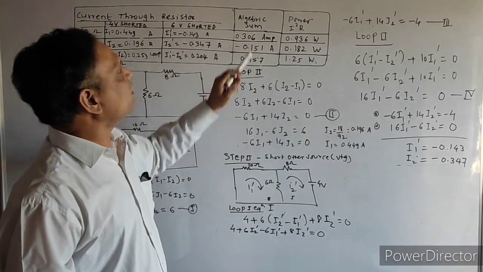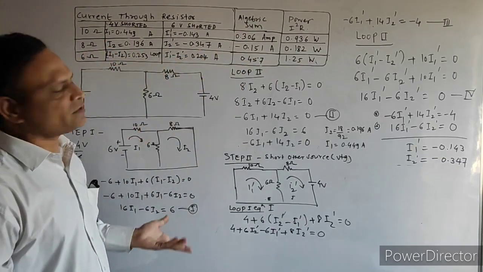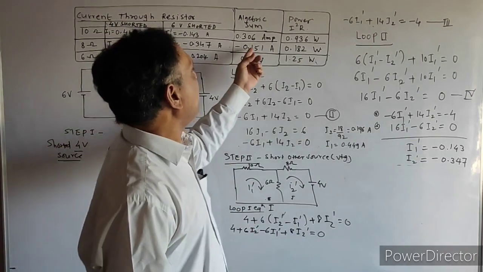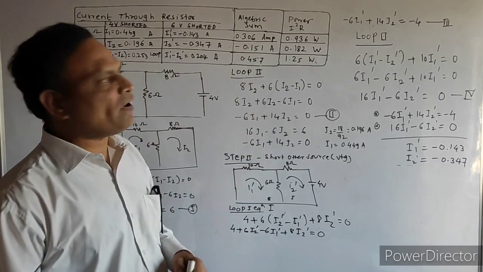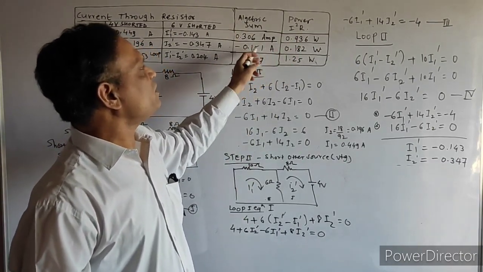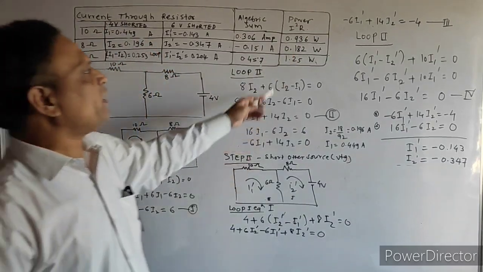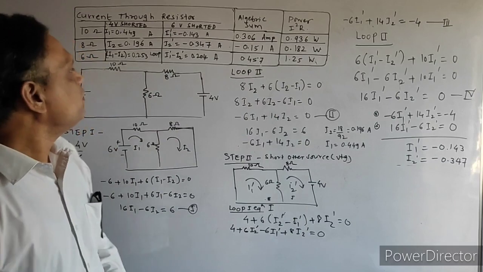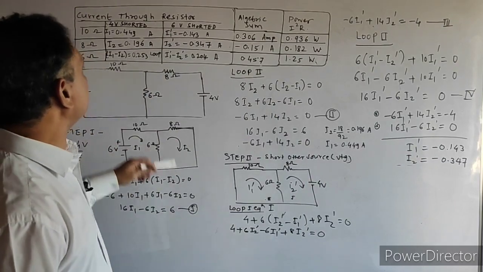So the algebraic sum will be this minus this, and this will be minus 0.151. And if we calculate the power, I squared will be positive, into the resistance, that is 8 ohm. So the power across this resistance is 0.182.